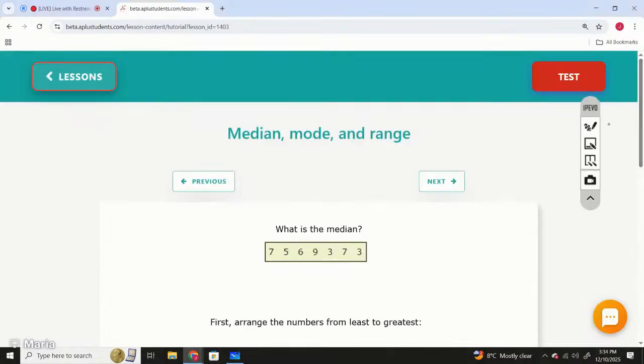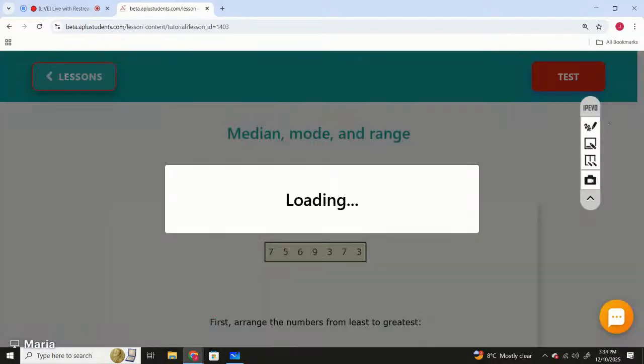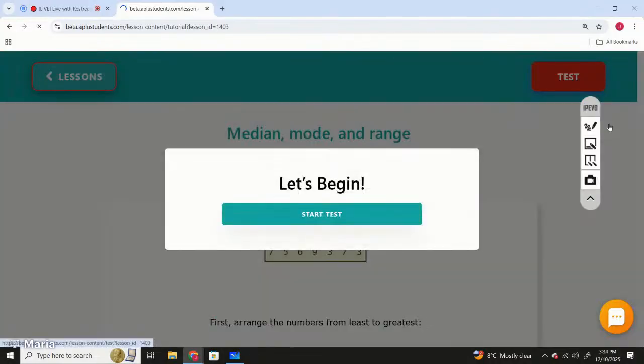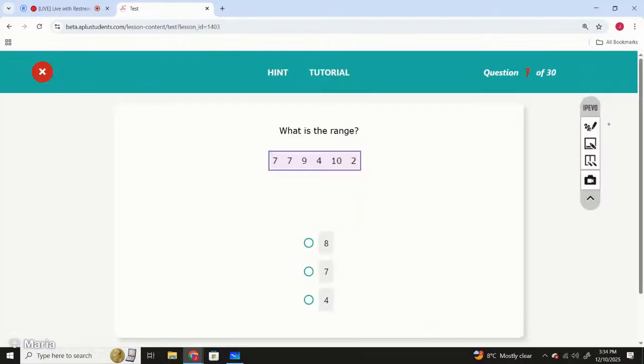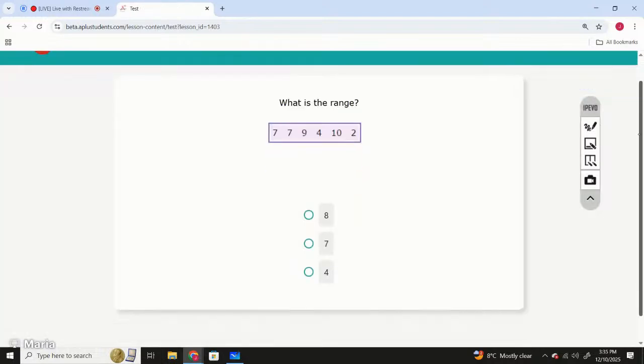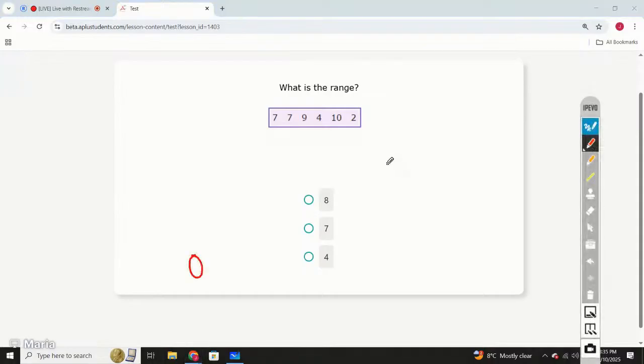Let's just start with the test questions. What is the range? For the range, we need to find the greatest and the smallest number.